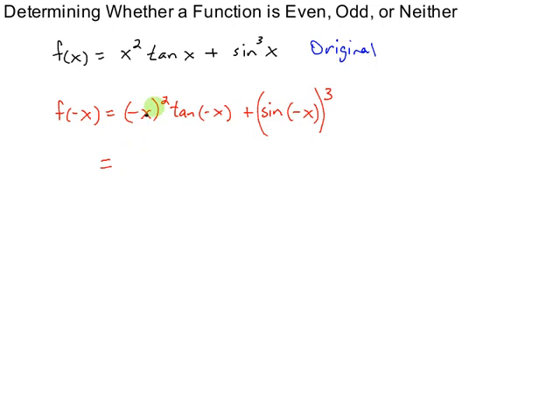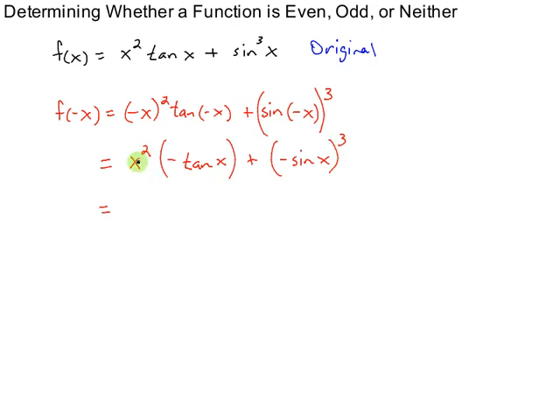Negative x squared gives us x squared. Tangent of negative x, well, tangent is an odd function, so that gives us negative tan of x, plus sine of negative x, well, that's an odd function, so that gives us negative sine of x, and that's cubed.